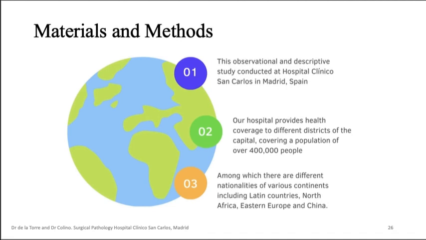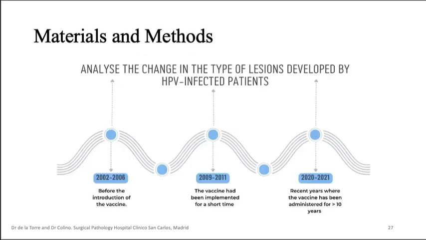The most prevalent of them, and therefore in our sample, are nationalities from Latin countries, followed by North Africa, Eastern Europe, and China. The aim is to analyze the change in the type of lesions developed by HPV-infected patients after the introduction of the vaccine in the Spanish health system, covering a total period from 2002 to 2021.